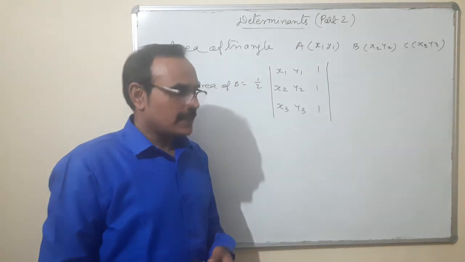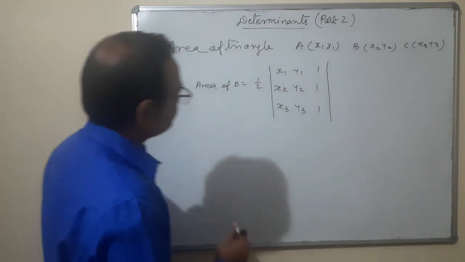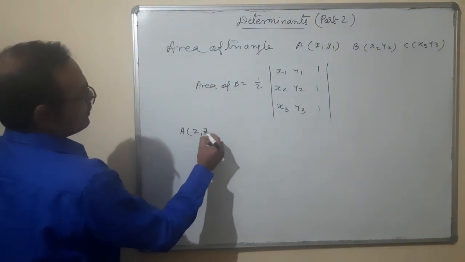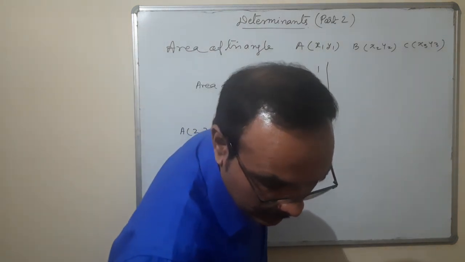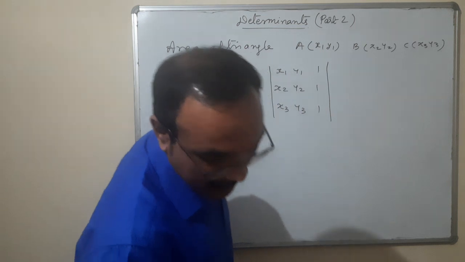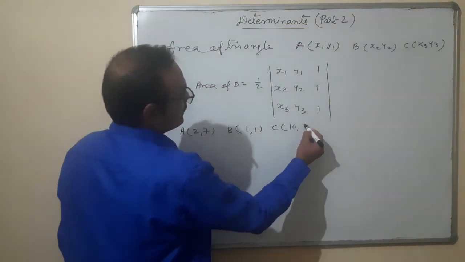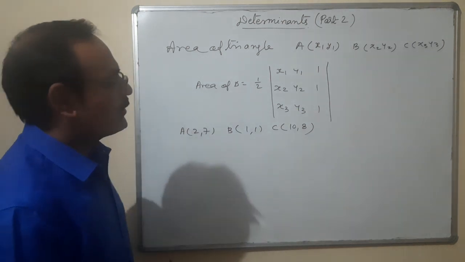Okay. Let us take one example. Suppose I am taking three points: A (2, 7), B (1, 1) and C (10, 8). We are going to find the area of the triangle. How to find it?